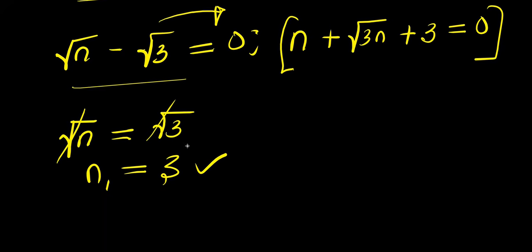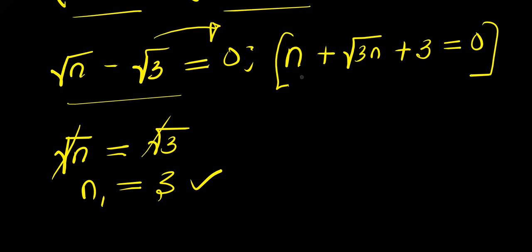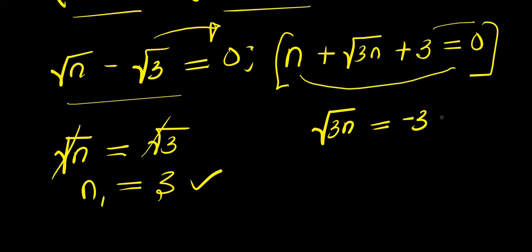To solve this equation, I need to move n and 3 over here. So simply have square root of 3n equals negative 3 minus n.